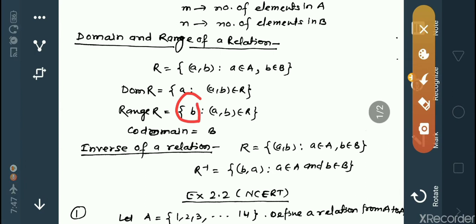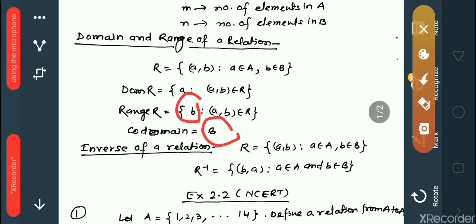So if we simply list the first elements, we get the domain, and if we list all the second elements, that is b, then we get the range. Then there is another term called codomain, and this will be the entire set B, meaning the entire set where we are getting the elements of the range will be the codomain here.